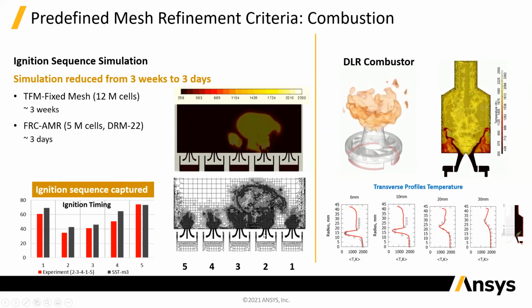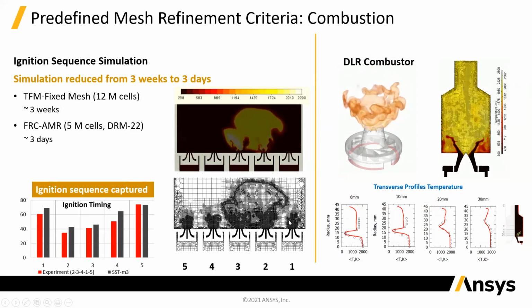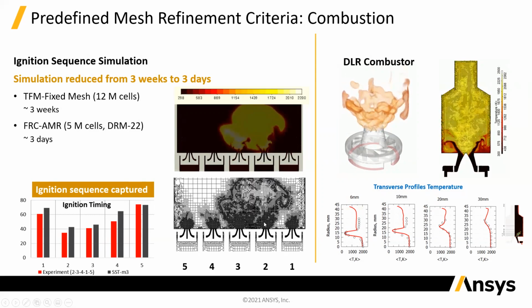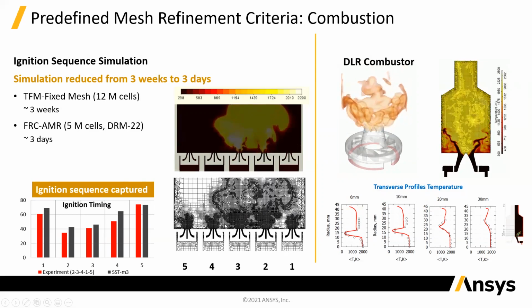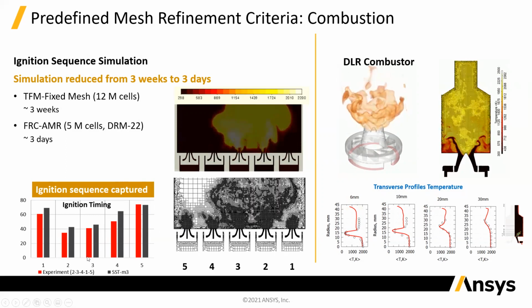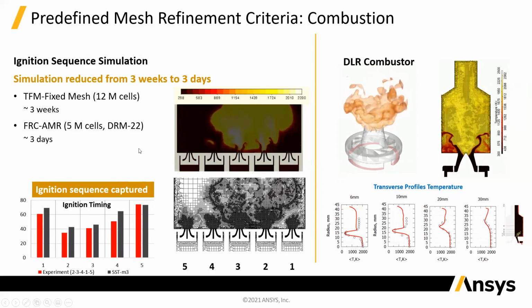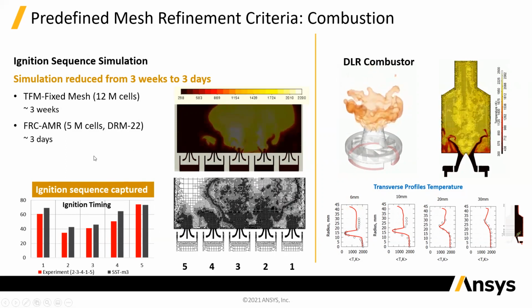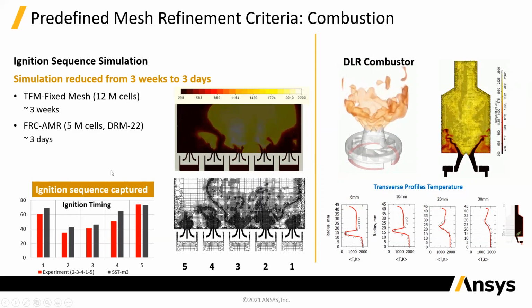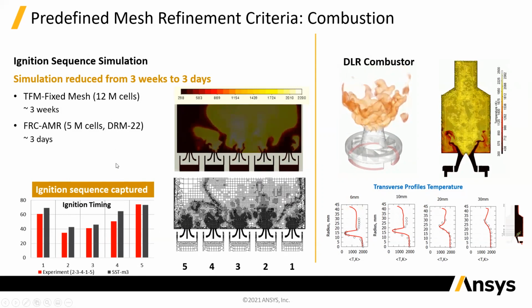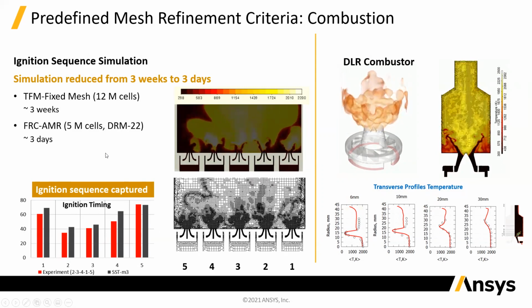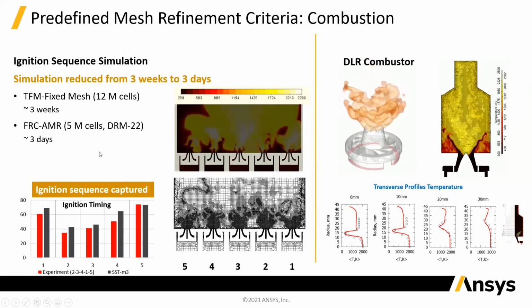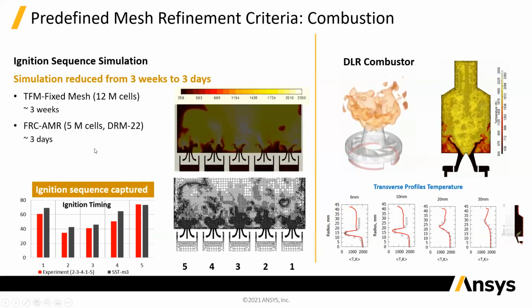What's happening is that one burner is ignited, and then you're looking to see at what time and how the adjacent burners light. You can see that's been captured really well. But most importantly, going with this meshing process, the simulation has been reduced from 3 weeks to 3 days, really by just being able to have adaptation move with the flame front.